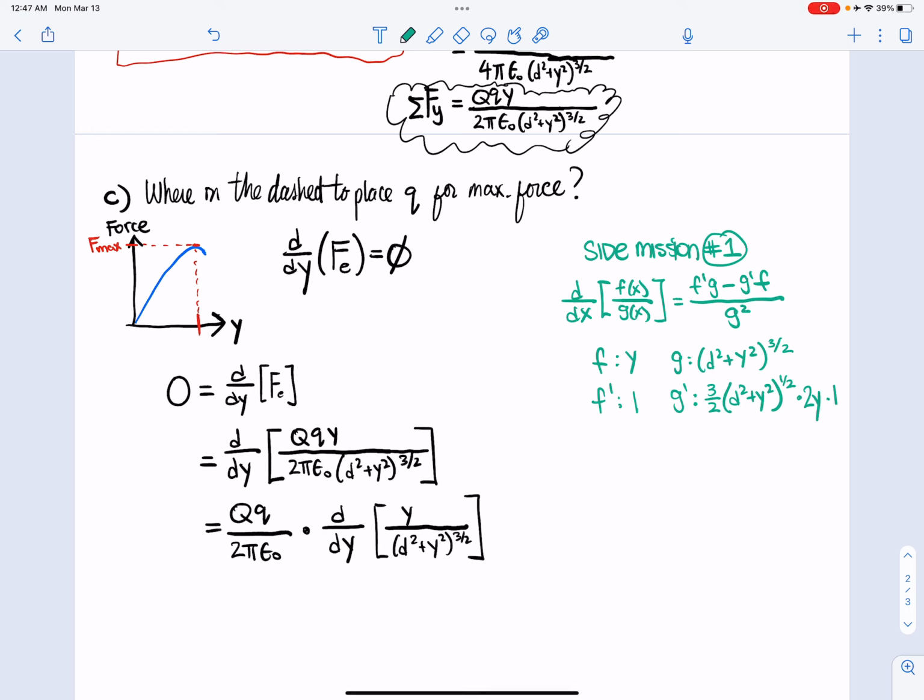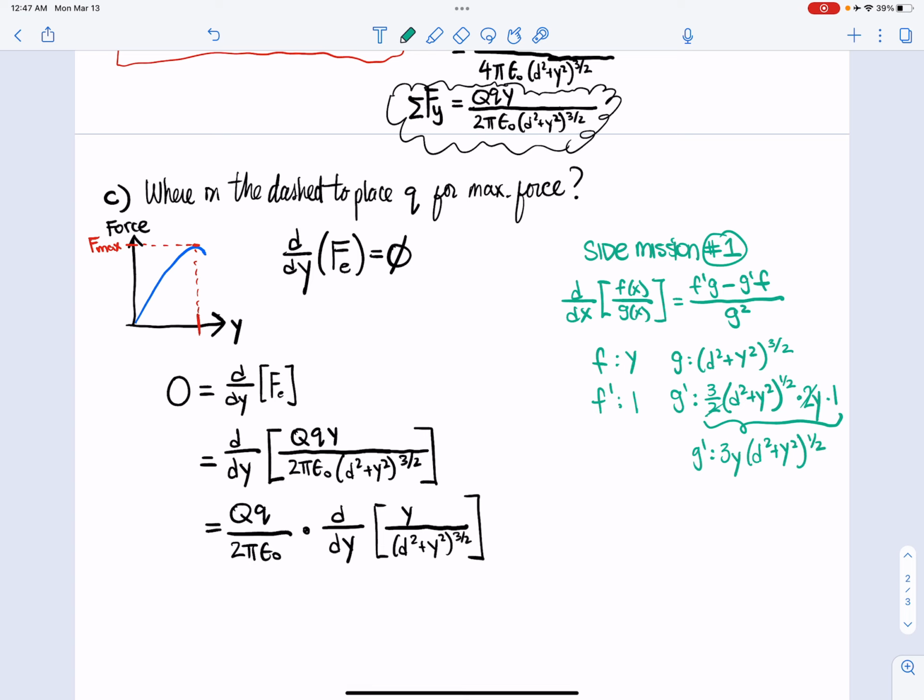Okay, so I'll just rewrite this g prime down, so my 2's cancel out, right? So then g prime is going to be 3y times d squared plus y squared to the 1/2.